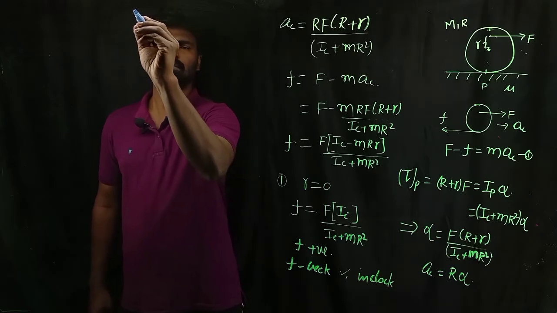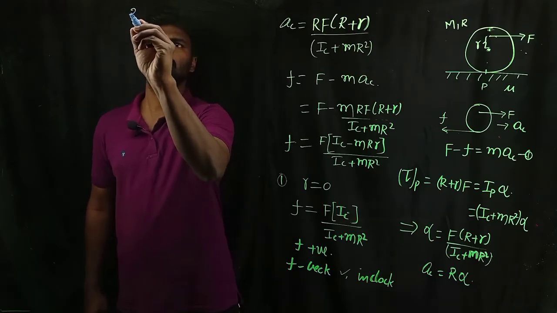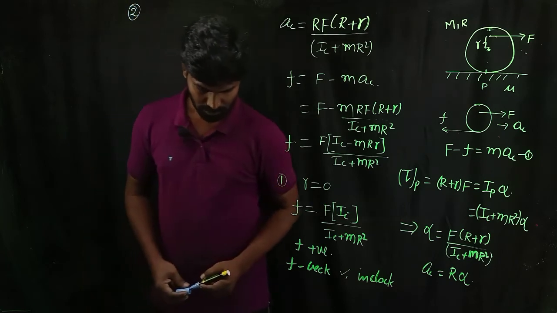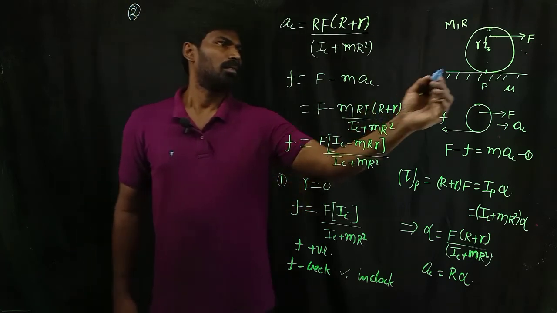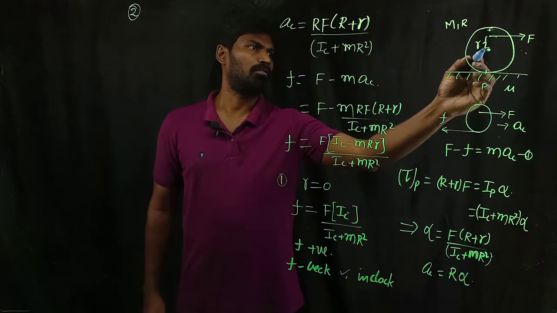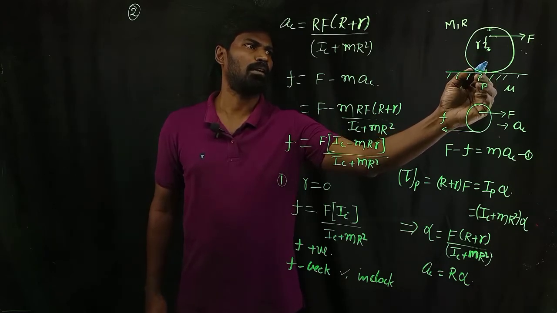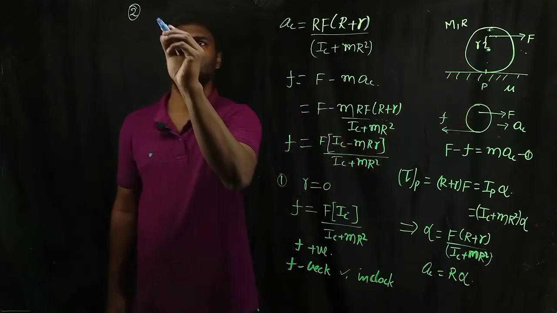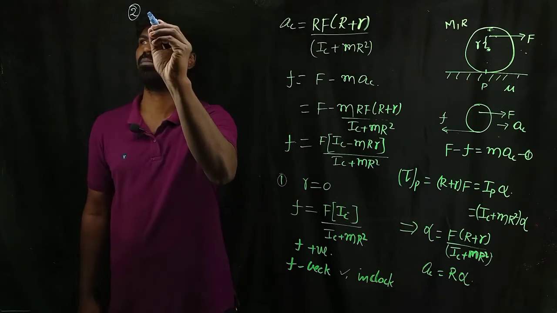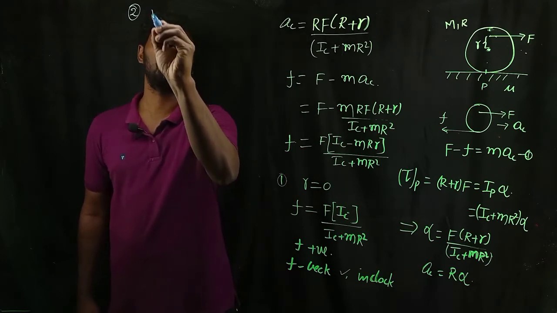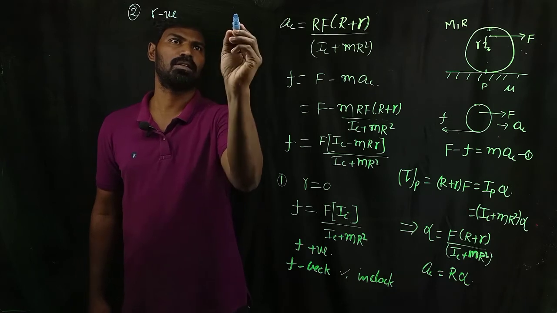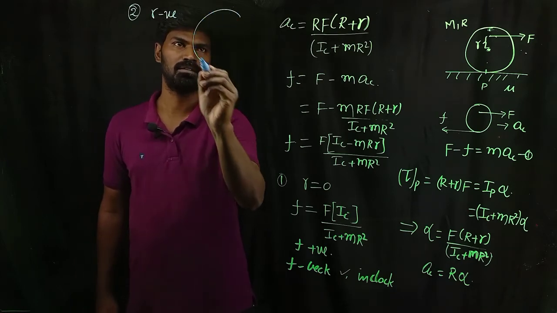Now I'm going to consider case number 2, in which the line of action of applied force passes through a point which is below the center of mass. It is characterized by, what if r is negative? I am showing that diagrammatically like this.